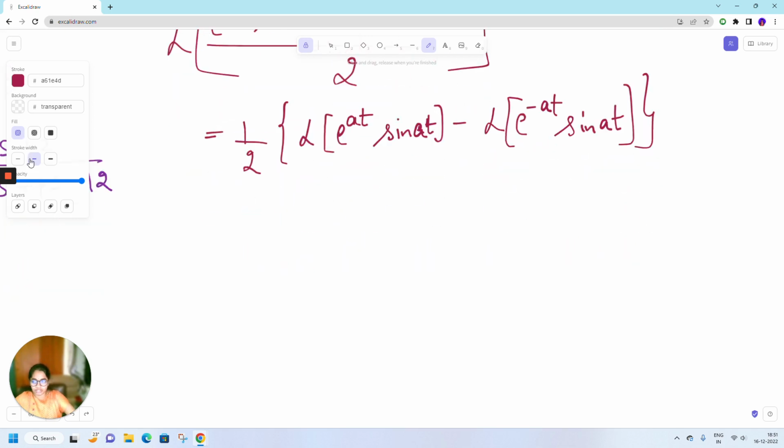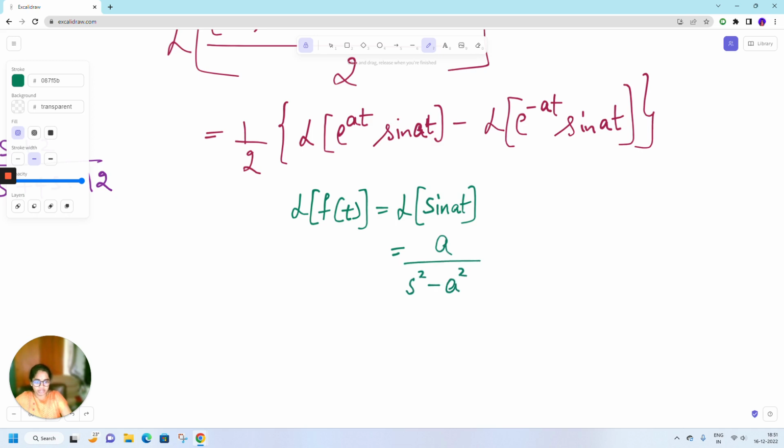How do you solve it? What is the first step? You find the Laplace of f of t. What is f of t here? It is sine at. What is Laplace of sine at? Laplace of sine at is a divided by s square plus a square. What is the next step?